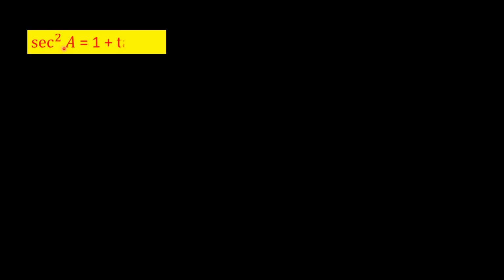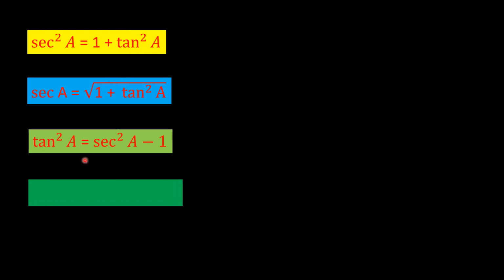Sec square a equals 1 plus tan square a. We will take square roots on both sides and write sec a equals under root 1 plus tan squared a. In the next version, we will express tan in terms of sec and write tan square a equals sec square a minus 1. We have taken this one on the left hand side.